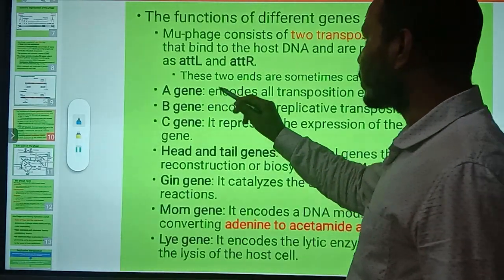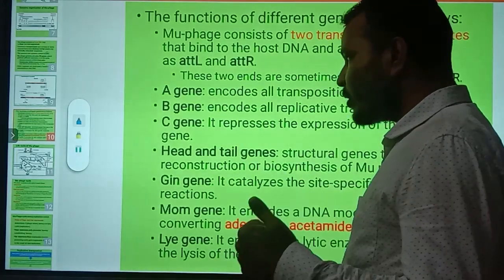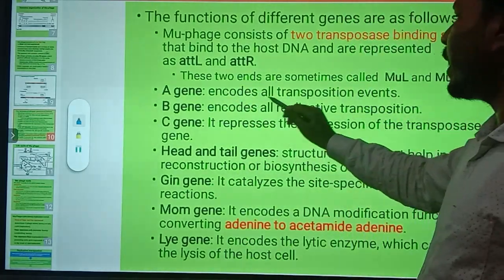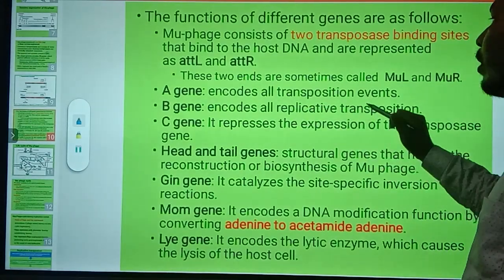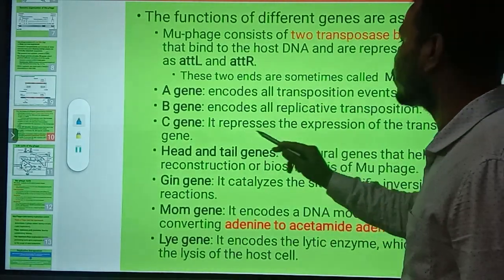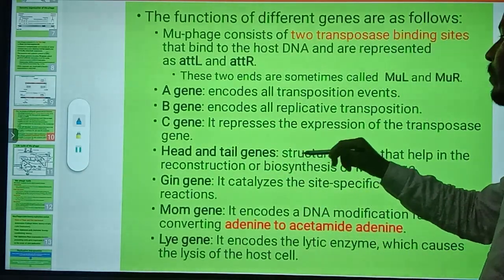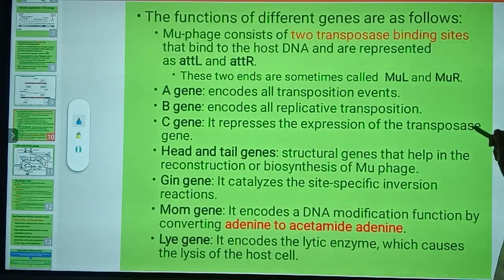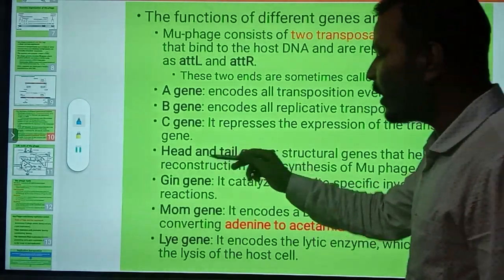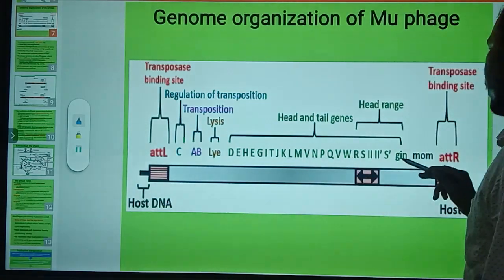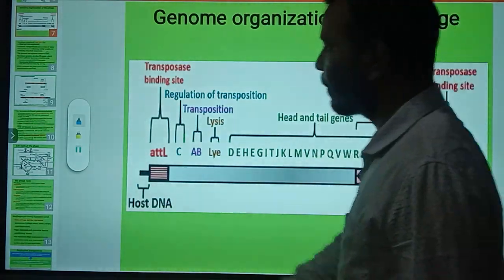Then there are the A gene, B gene, and C gene. A encodes for all the transposition events, B encodes for replicative transposition, and the C gene represses the expression of the transposase genes, right? While head and tail genes are responsible for the head and tail region.